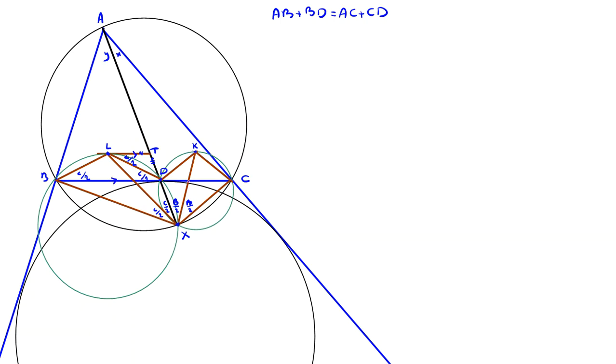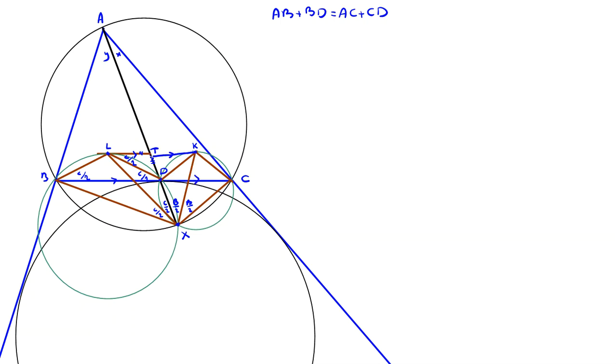Now, I do the same thing for the other angle, and suppose I draw the tangent to this circle through K. We can prove similarly that it is parallel to BC.